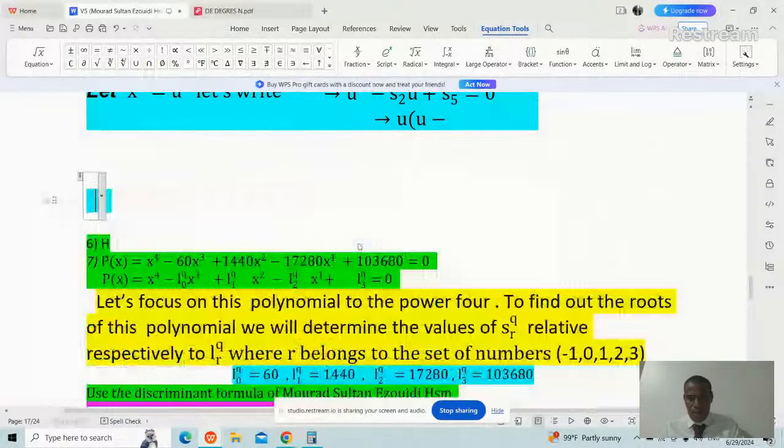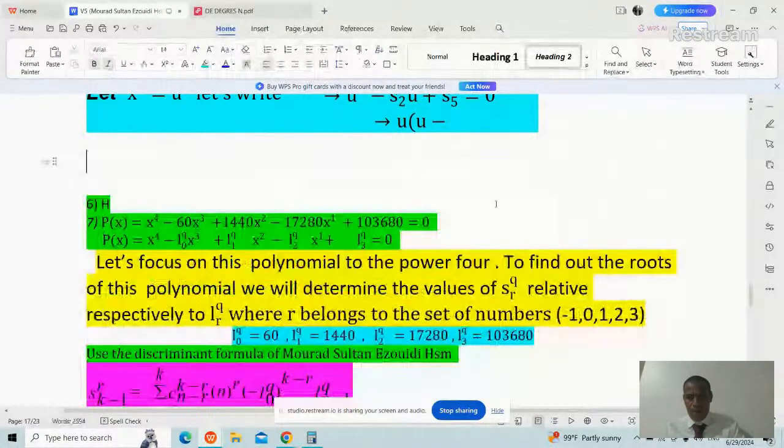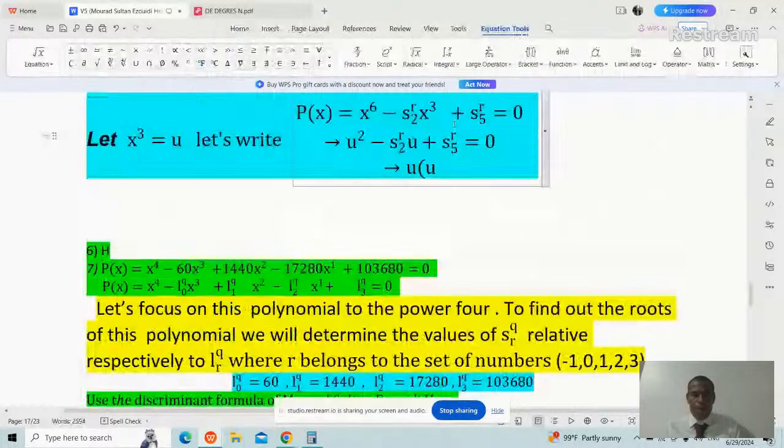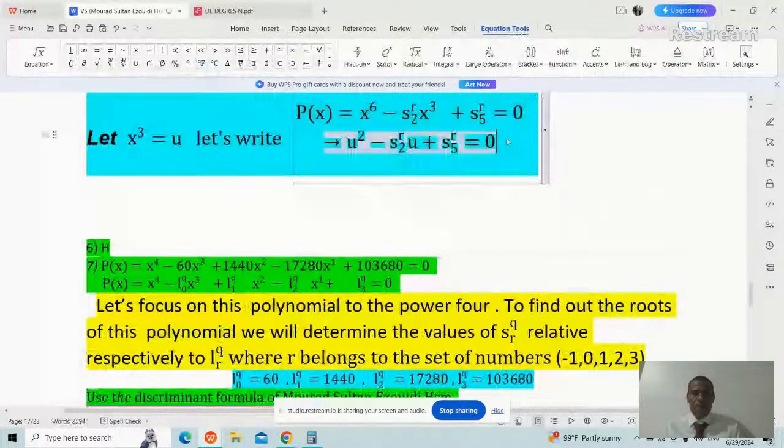Of course, this is no need. Now just solve this question, learners. You will make s1 dash equal s2 dash, s2 squared minus 4 times s5, which is the same as that.